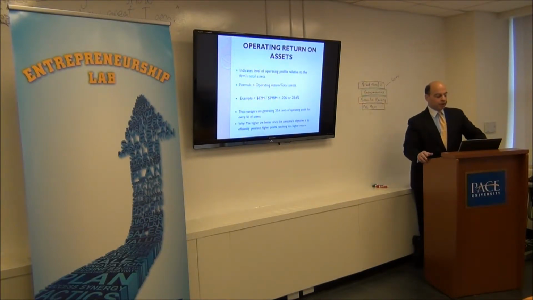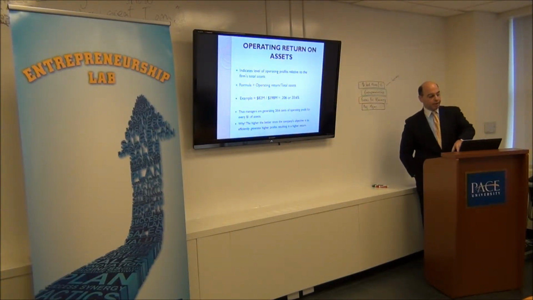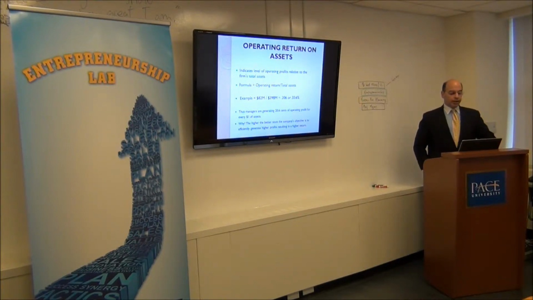So, operating return on assets. The formula is operating return, which was sales minus gross profit, if you remember from last week, over total assets. I just put random numbers in there, and it's really saying, what does this tell me?